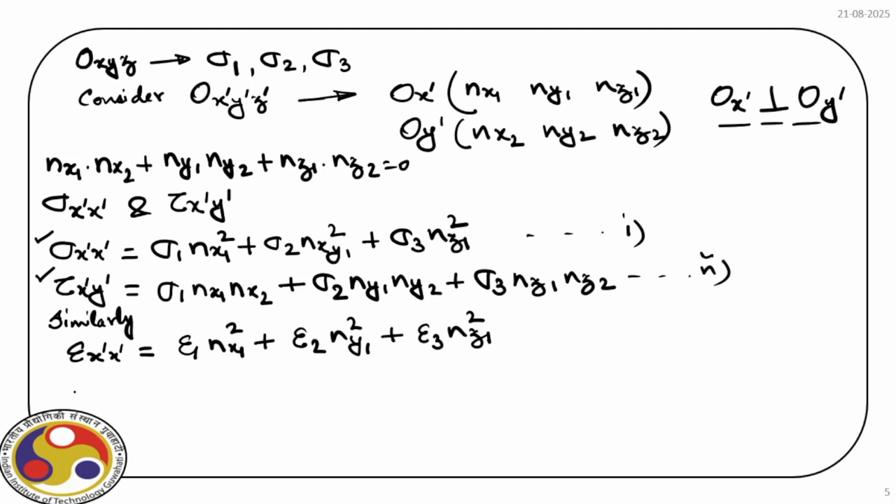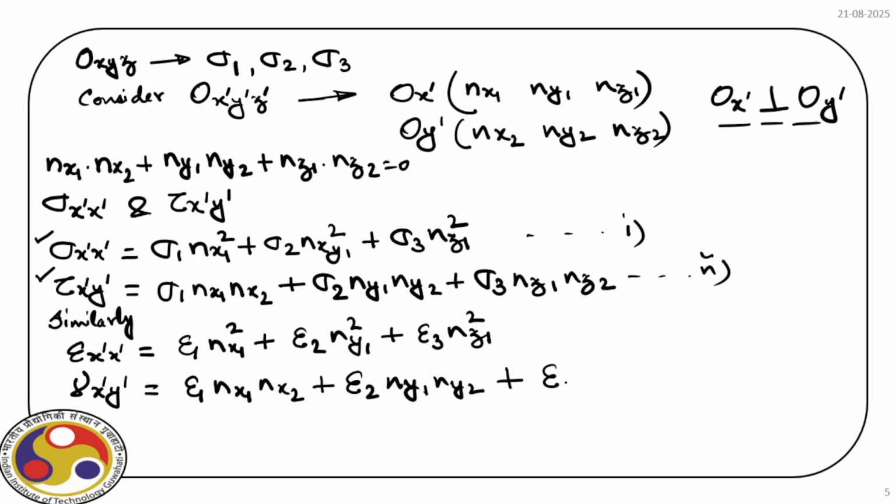And we have gamma x prime y prime is equal to epsilon 1 nx1 nx2 plus epsilon 2 ny1 ny2 plus epsilon 3 nz1 nz2, right?